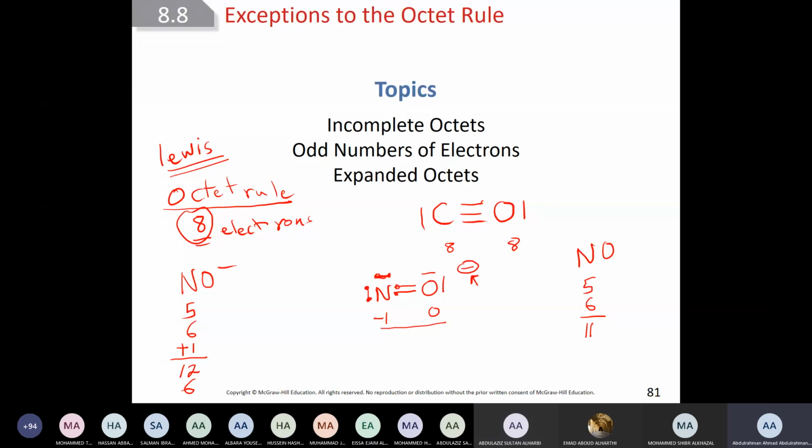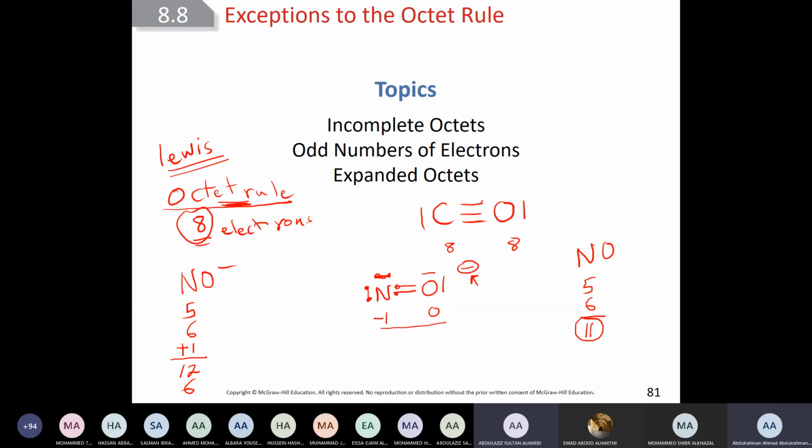How many pairs is this? It will be 5.5, right? That's why if the total number of electrons is 11, you can never apply the octet rule. Is this clear?